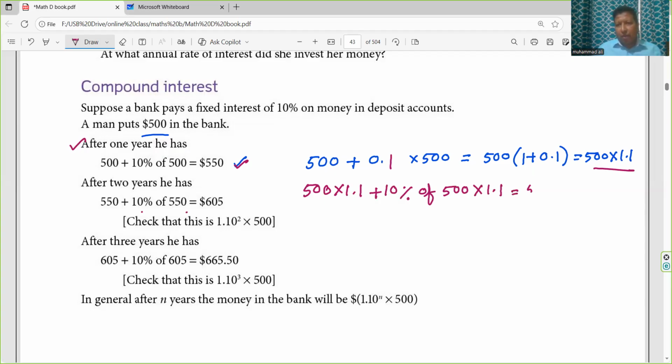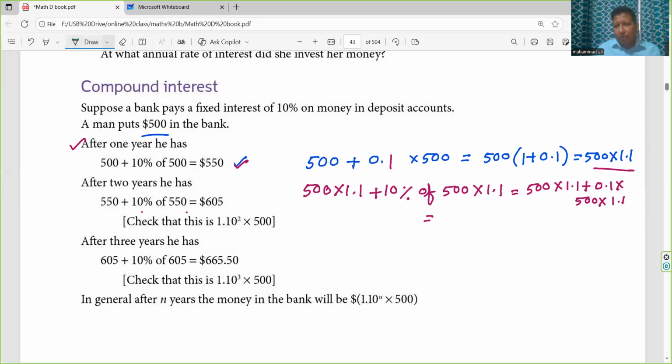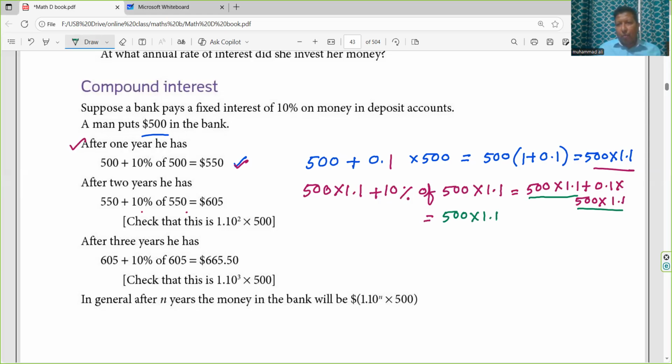This is 500 multiply 1.1 plus 10%, which means 0.1 multiply 500 multiply 1.1. If we take common 500 multiply 1.1, we get 500 multiply 1.1 times (1 plus 0.1).